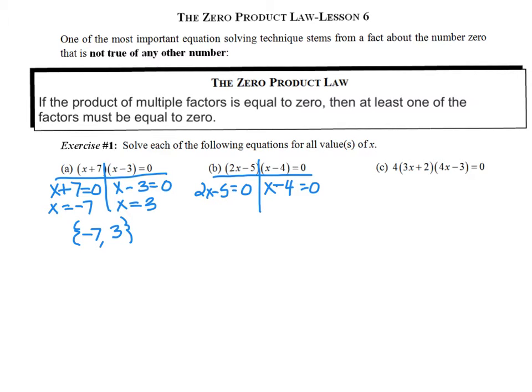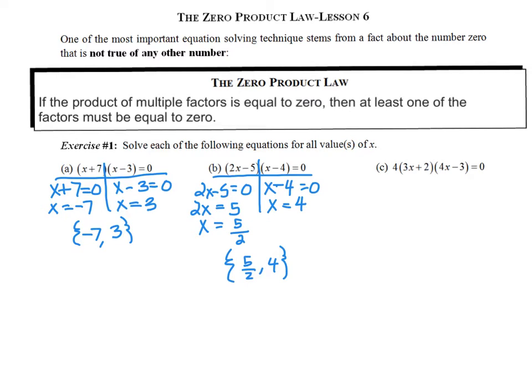I'm going to do the easier one first, so adding 4 to both sides of the equation, I get x equals 4. Adding 5 to either side of this equation, I get 2x is equal to 5. So dividing both sides by 2, x is equal to 5 halves. So again, I have two solutions, 5 halves and positive 4.